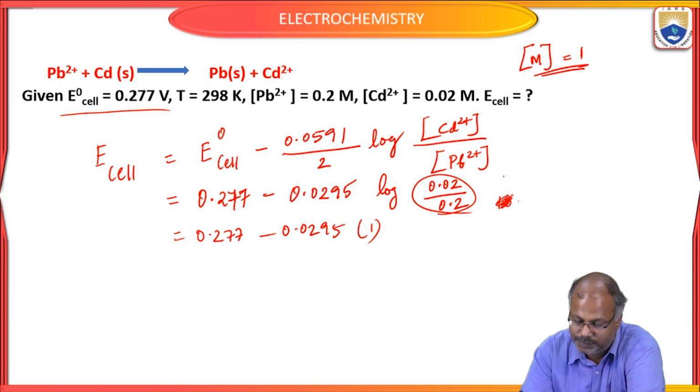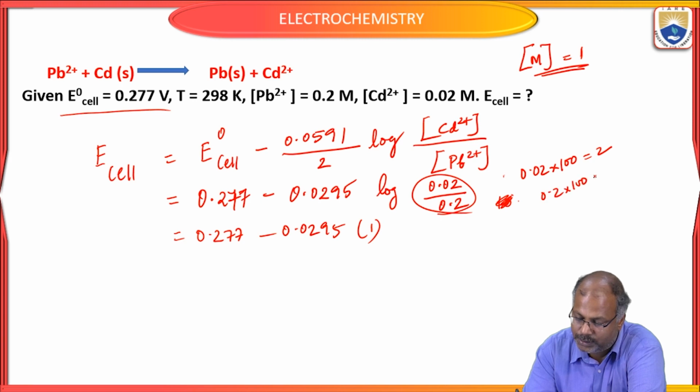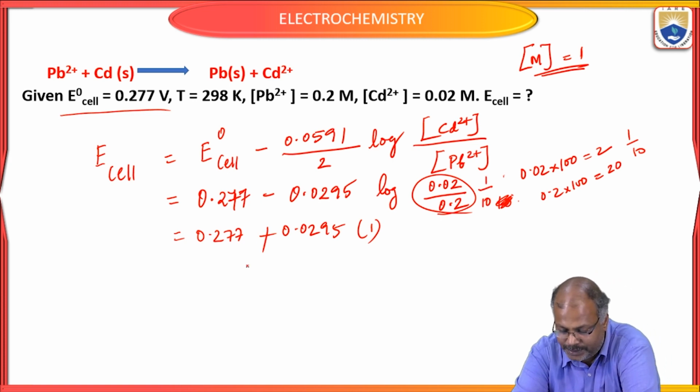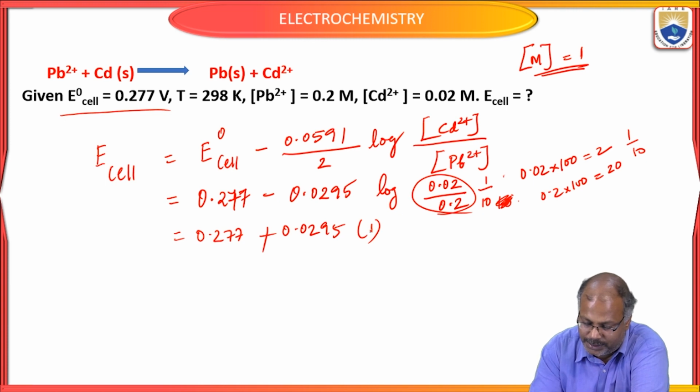Okay. This is log 0.02 into 100 is equal to 2. 0.2 into 100 is equal to 20. So 1 by 10. So this becomes log 1 by 10, so it becomes plus here, plus log 10.